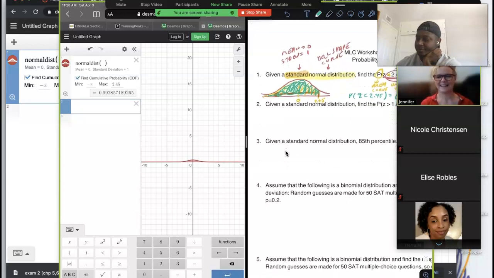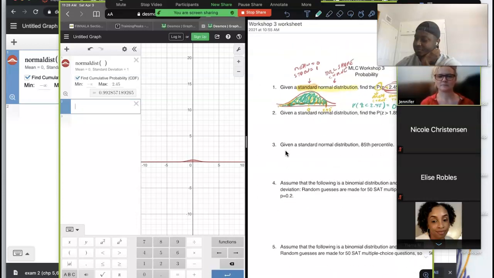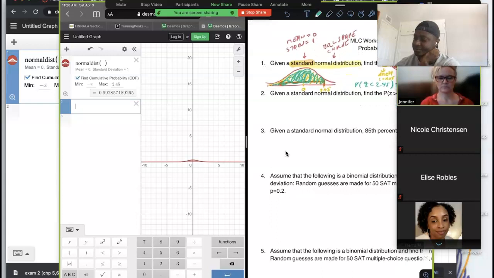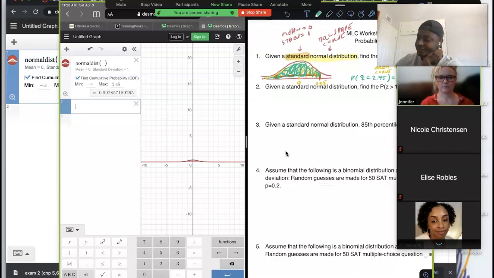All right. Okay, so then for number 2, same idea, except for this one, we now want to be greater than 1.85. So from here, we make our graph. Zero's in the middle. 1.85 is here.